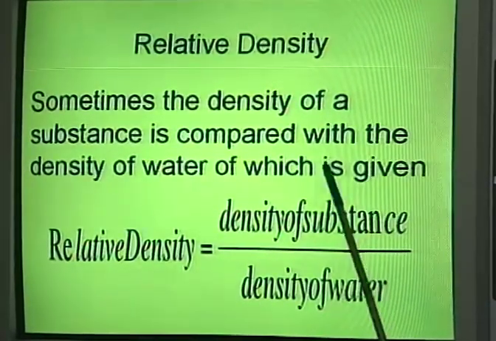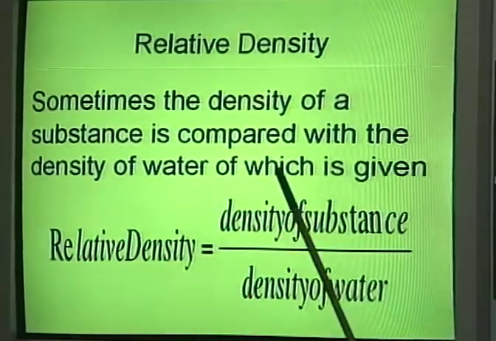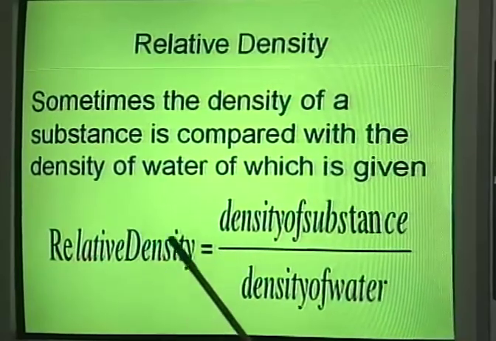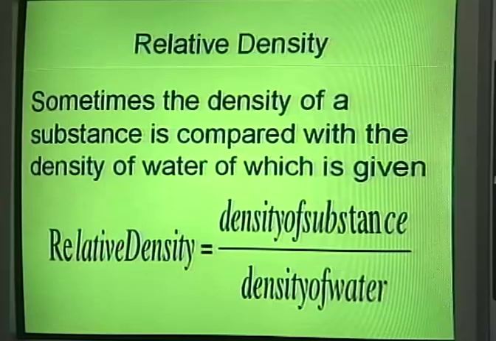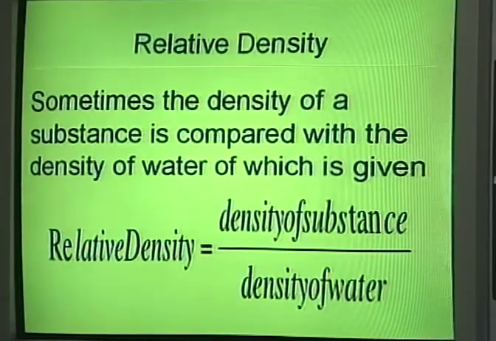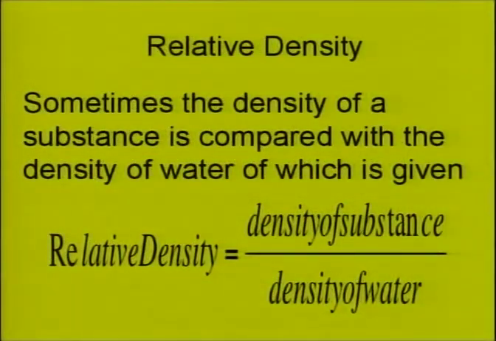So you are simply comparing the density of a certain substance with the density of water. You use this formula. So quickly go through, have this formula done, and then I'll give you your activity. Okay, pilot students, you can also go through and take these notes down.